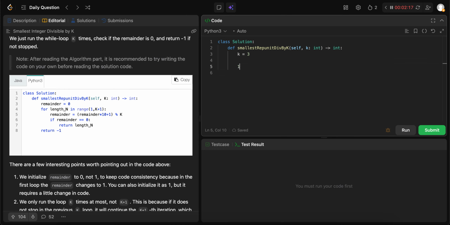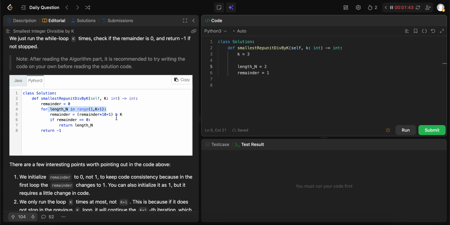So this is going to start, length n is 1. Remainder is going to be 0. Yeah, 0 times 10 plus 1. So 1 mod k. So this remainder would be 1. Okay. Sure. I'll allow it. Now let's go to length n is 2. So now length n is 2.